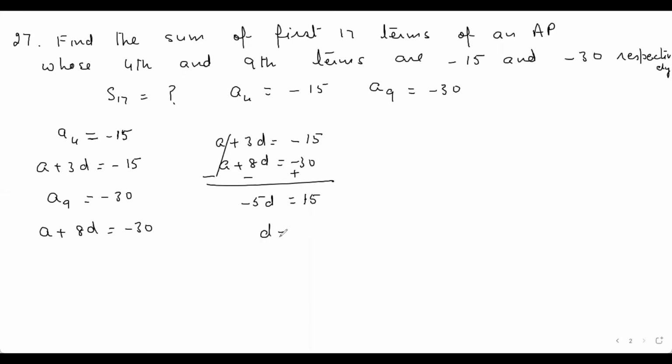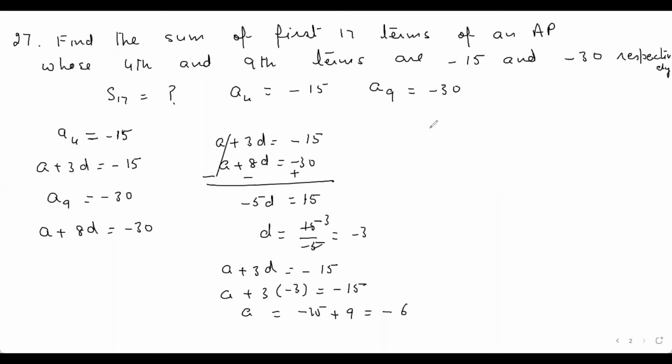So d is equal to 15 by minus 5, that is equal to minus 3. Now a plus 3d is equal to minus 15. a plus 3 times the value of d, minus 3, is equal to minus 15. a is equal to minus 15 plus 9, that is minus 6. Here a is equal to minus 6 and d is equal to minus 3.